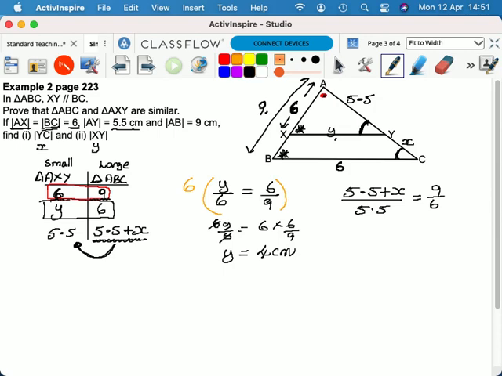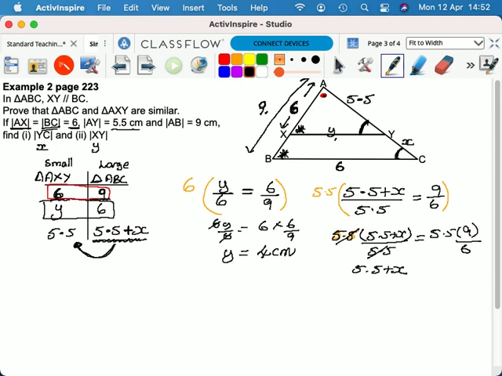What do I multiply both sides by? 5.5. So get a pencil out, put the brackets round, put 5.5 here, and now we're going to have 5.5 on 5.5 plus x over 5.5 is equal to 5.5 on 9 over 6. 5.5 cancels, so 5.5 plus x, definitely a reach for calculator time.